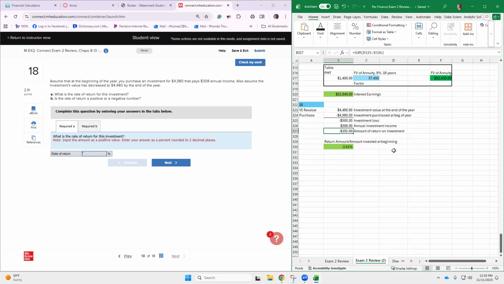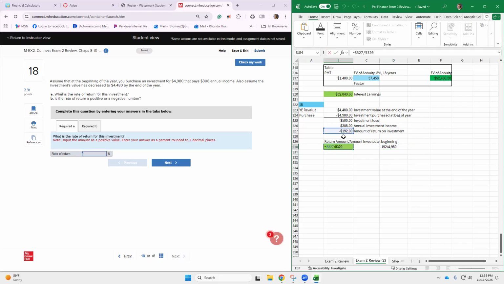Okay, so I'm going to show you that in a cell here, what mine was. Mine was negative 192 divided by the amount we invested, $4,980. So remember, when you have a negative number divided by a positive number, it turns into a negative number.